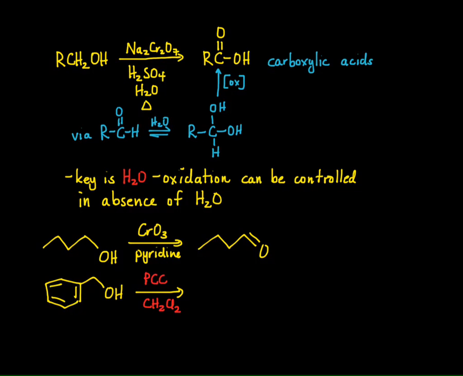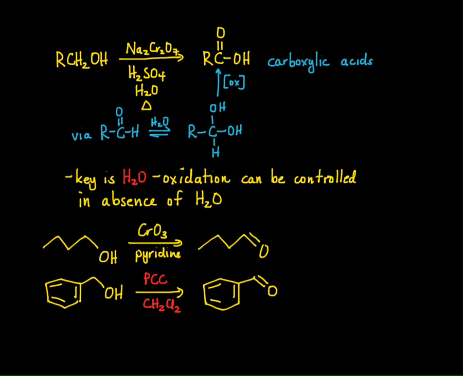And it produces the same thing. Notice the absence of water, I can take benzyl alcohol and I can produce benzaldehyde from that. So we've already seen that if I take benzaldehyde, I can reduce it to benzyl alcohol. Now we see that I could take benzyl alcohol and oxidize it to benzaldehyde with PCC in dichloromethane.